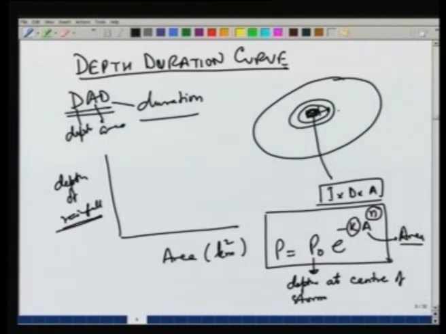So, as we move away from the center or the eye of the storm, the intensity decreases. Depth of course, will increase as we increase the area, but the rate at which it will increase will become slower. P naught is taken at the center of the storm. Suppose we have a rain gauge here, then it is very unlikely that the eye of the storm will be exactly on the rain gauge. So, the rain gauge value generally is not taken as P naught.